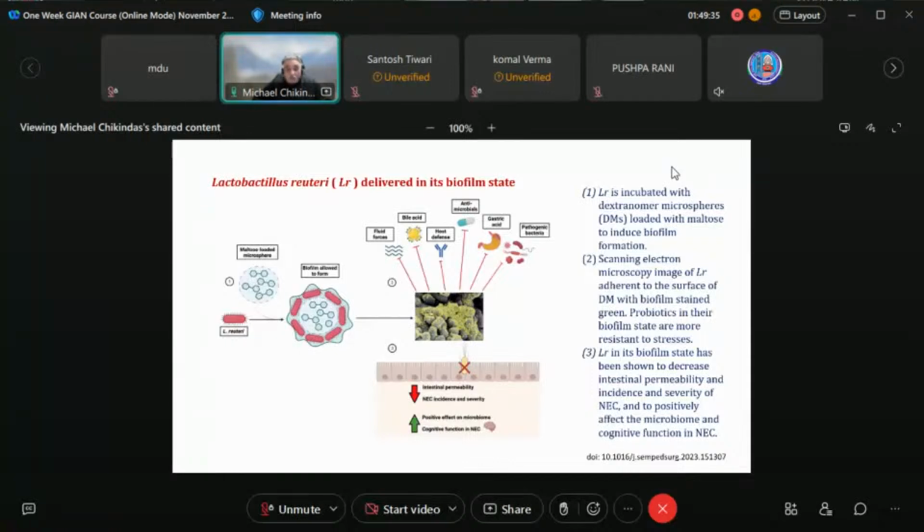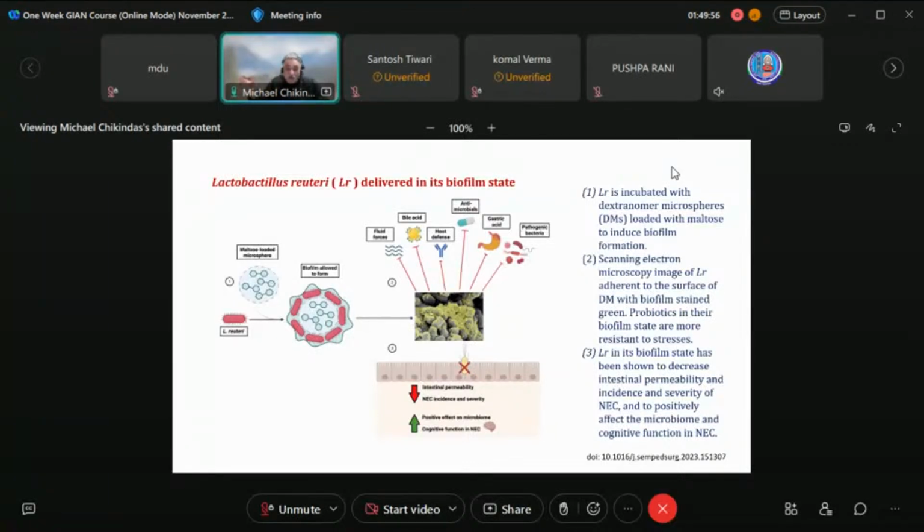Basically, the probiotic bacilli were grown on the surface of the soybeans, beautiful biofilms formed, and then they were used to deliver to the poultry.